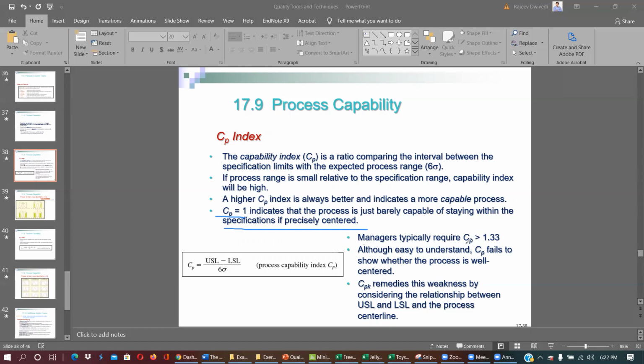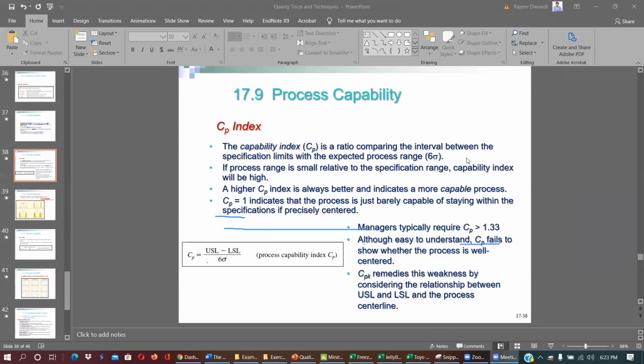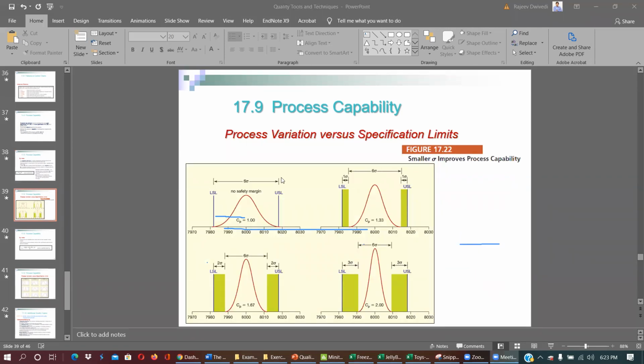When this is greater than 1.33, which managers typically require, the upper and lower limits are wider than the process spread, then we can feel we have margin. So look into the few things here. Look into this.